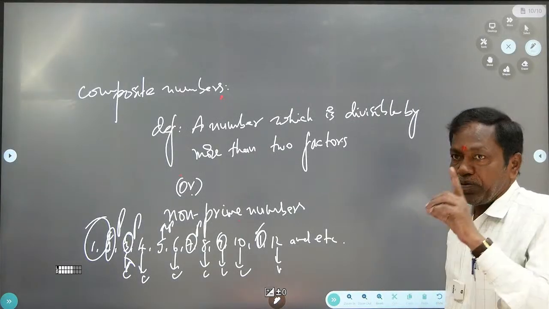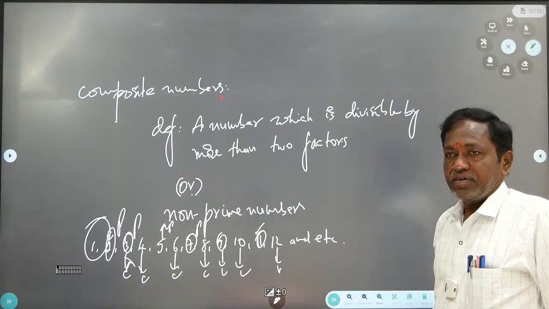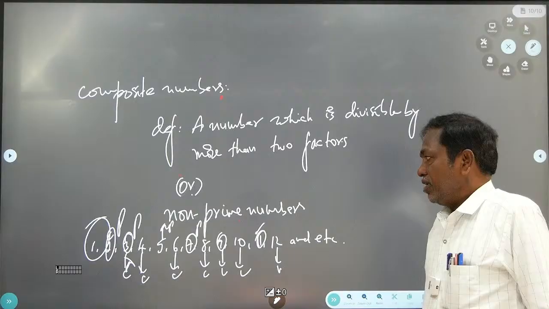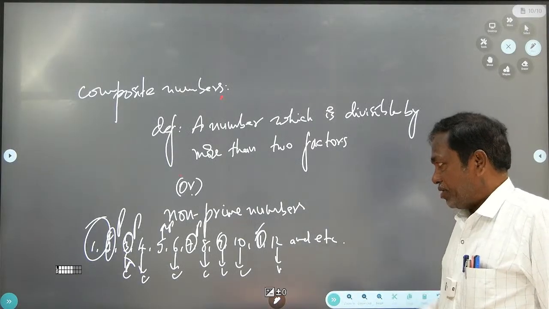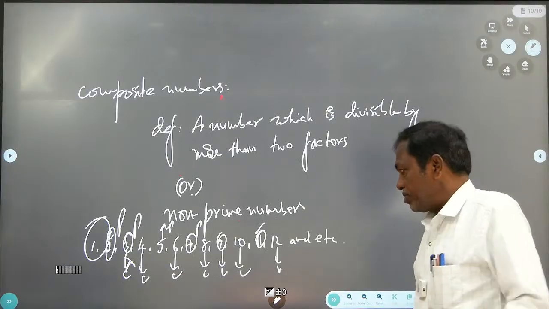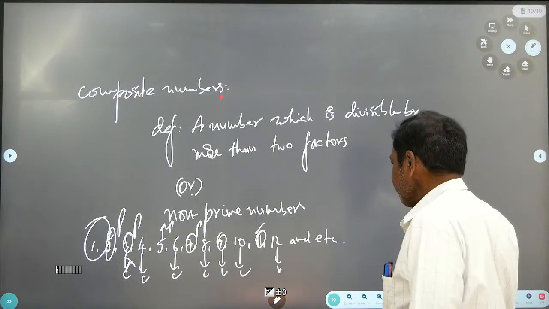So 1 is neither a prime number nor a composite number. Except 1, every number is either a prime number or a composite number. So these are the properties of numbers.